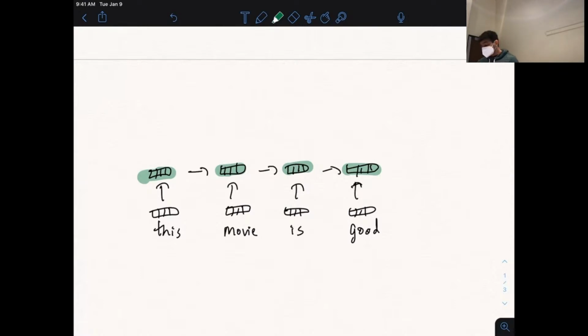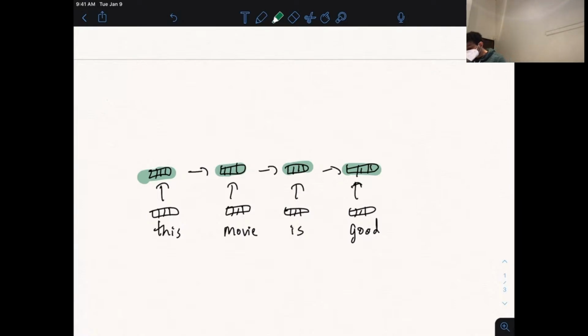We already know that in order to predict good, given this movie is, the model has had to learn a lot of linguistic information and world knowledge and the fact that movies can be good or bad and things like that, right? So this is very useful information for a downstream sentiment classifier.